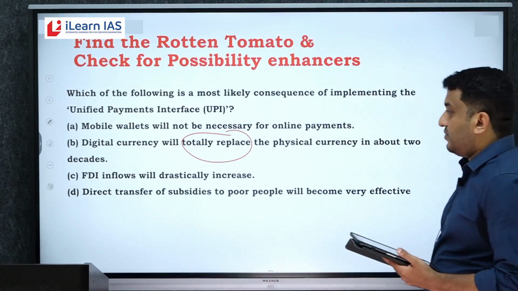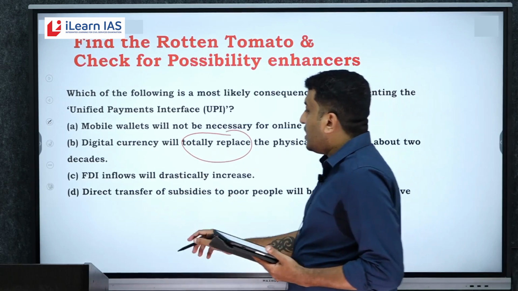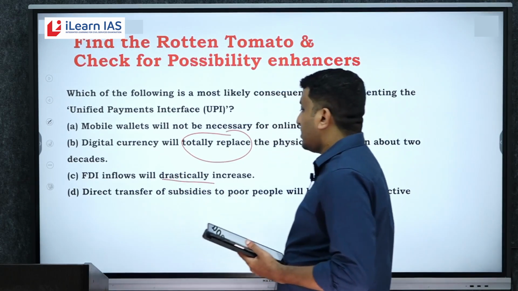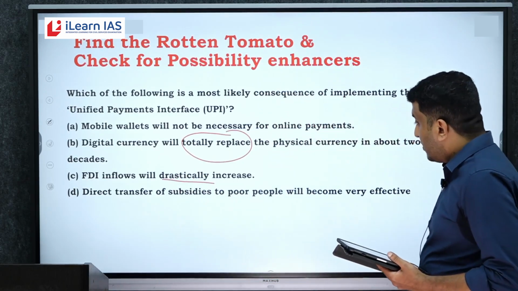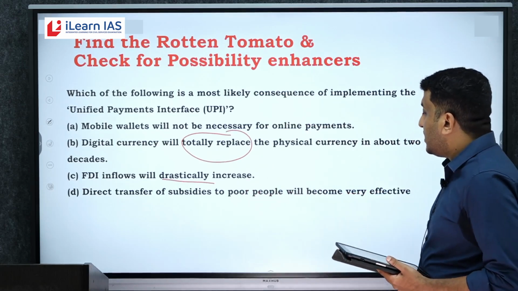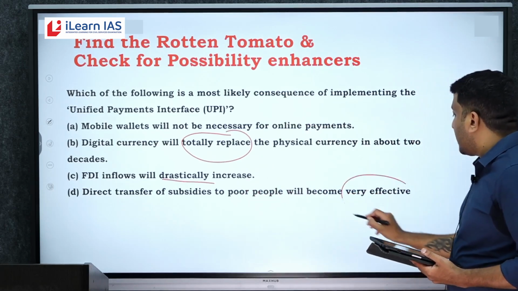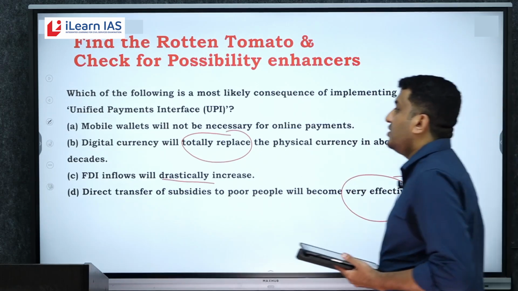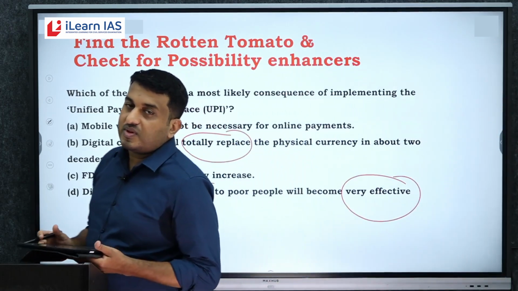Totally replace. FDI inflow will drastically increase. Direct transfer of subsidies to poor people will become very effective. What are these? These are rotten tomatoes.